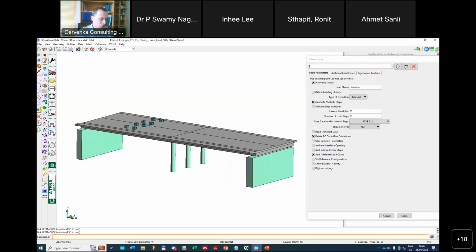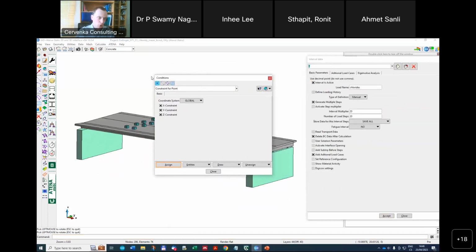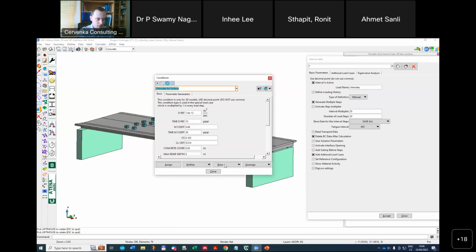chloride boundary conditions. What I was explaining before, you can find in the condition window. It is a condition used for surfaces, and in here we have carbonation for surface and chloride for surface.